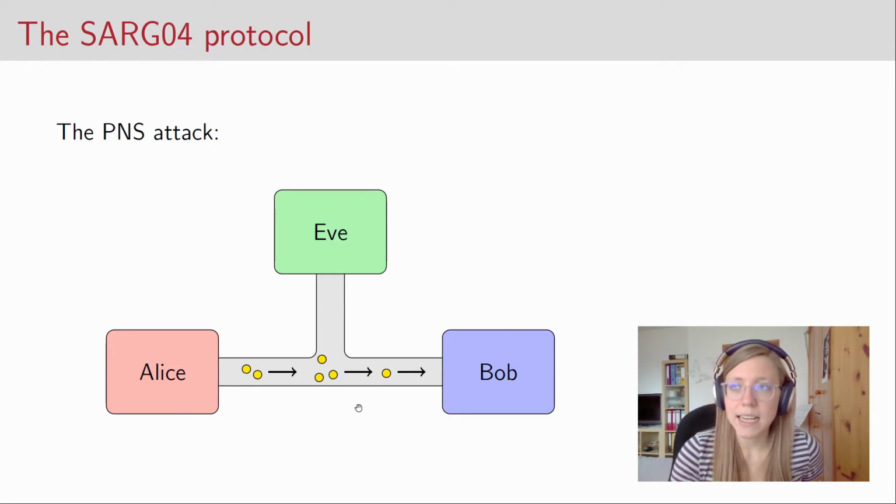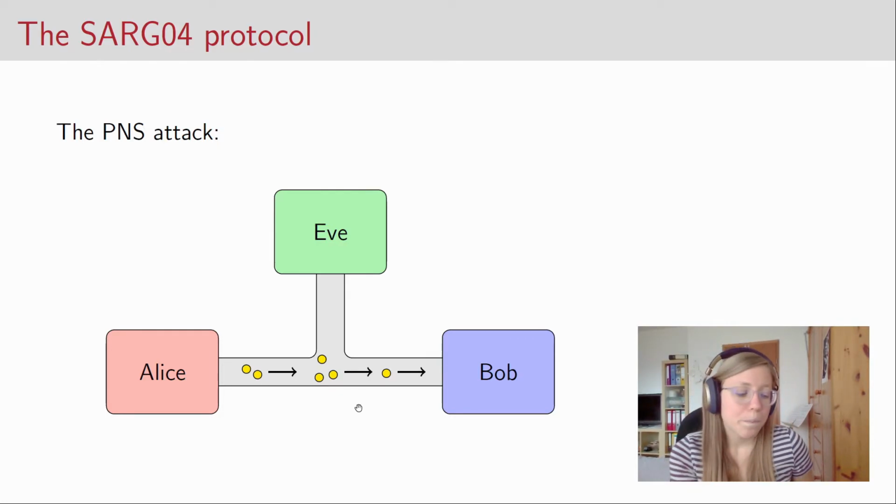This attack attacks an actual implementation of a protocol. So when we use, for example, the polarization of photons to encode our qubits, then what we actually need is a perfect single photon source. These kinds of ideal single photon sources do not exist in reality. So what experimentalists do is they use, for example, weak laser pulses to encode the qubits.